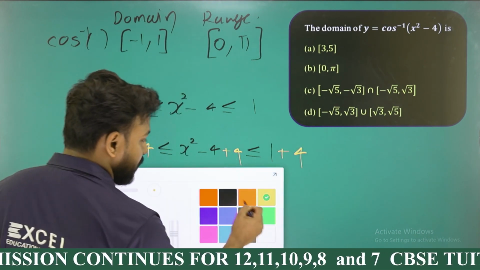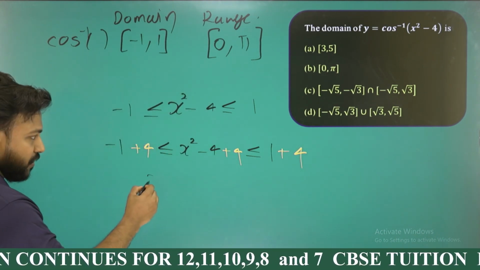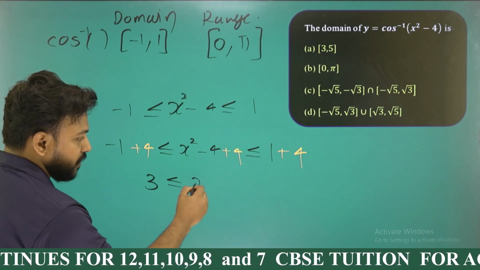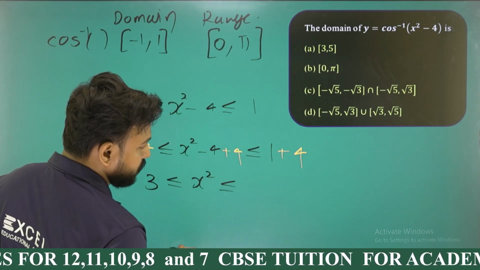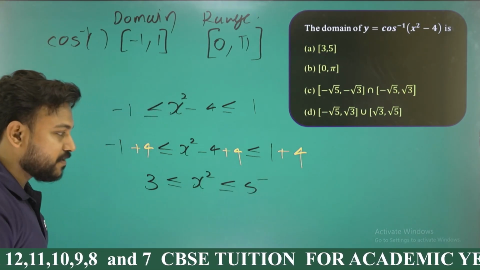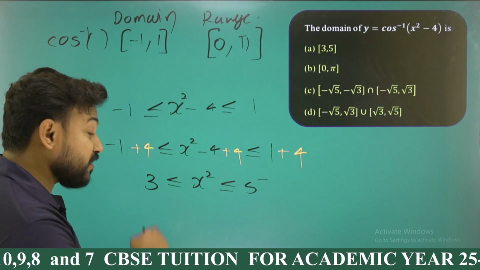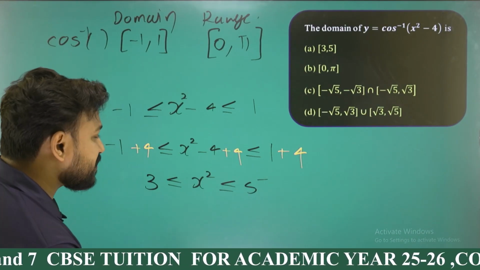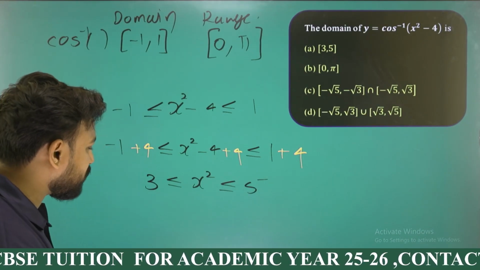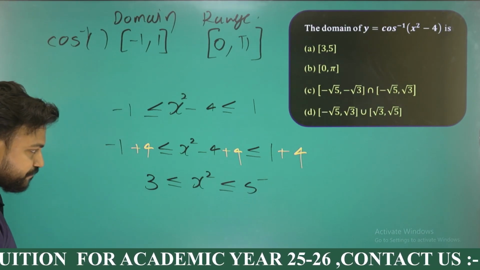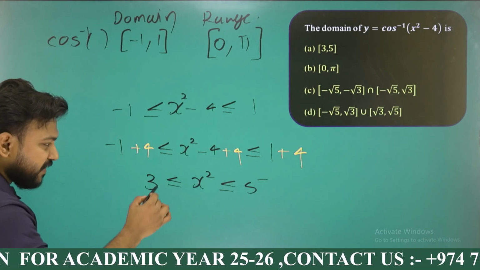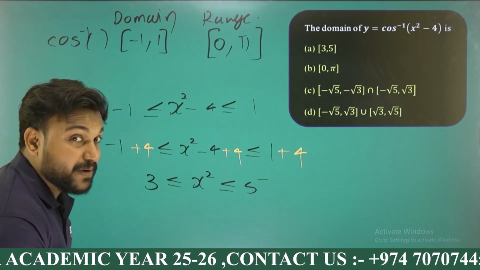So now what will you get? Tell me. You will get 3 less than or equal to x square less than or equal to 5. Ready? Now we need to take the square root. While we are taking the square root, we need to do a little more calculation. Listen. While we are taking the square root, x may be a plus or minus value.